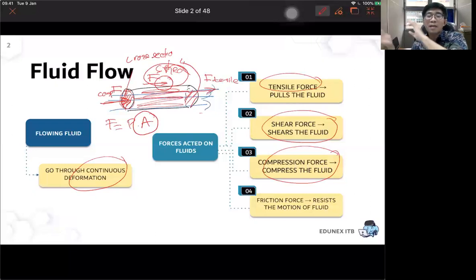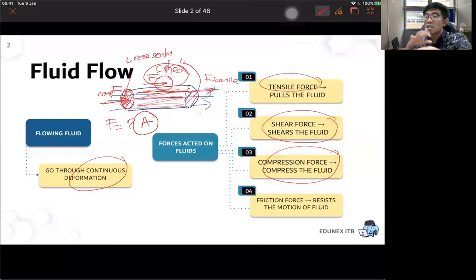Ya, kan arahnya sama. The direction is the same. So if the compression force is much higher than the tensile force, then there will be differences in the velocity throughout the pipe. Until a certain condition, it will be steady.